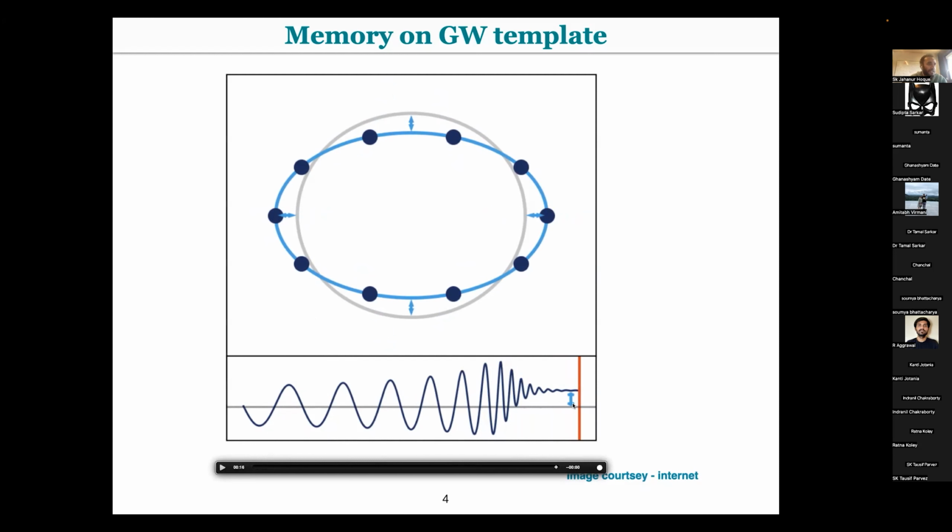If there's a memory, there should be an offset between the field at the final time and the initial time. So there's an offset between these lines. This contains the memory effect in the gravitational wave template.